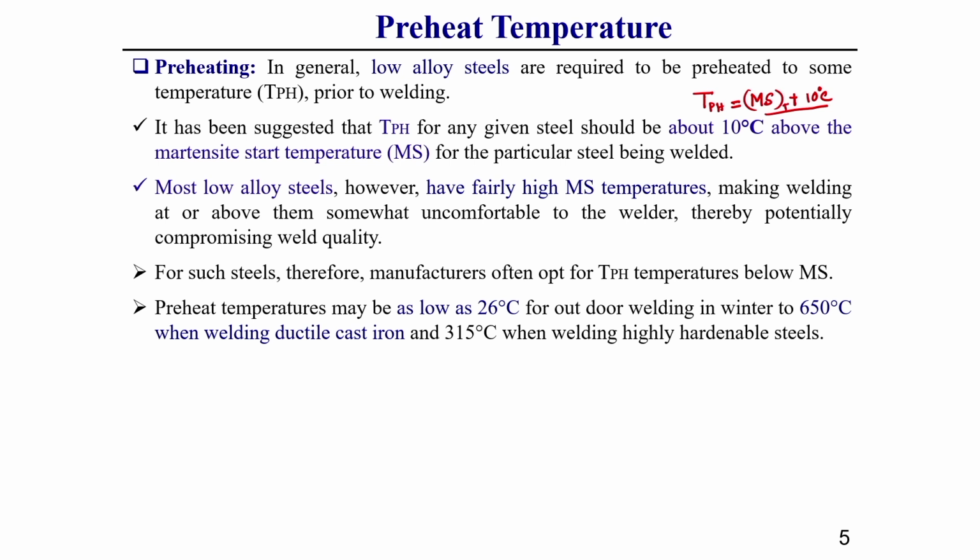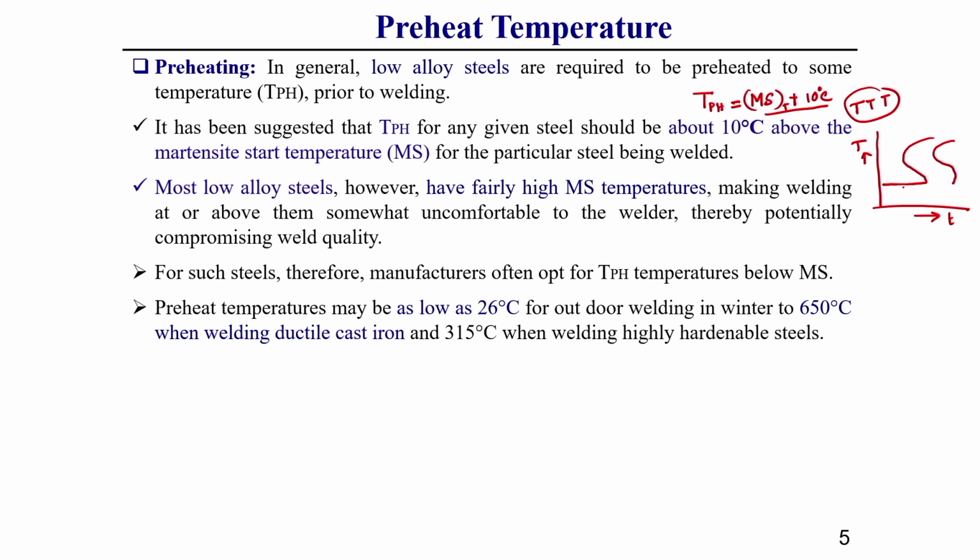In the case of the TTT diagram, I have discussed in detail this martensitic starting temperature. If you draw the TTT diagram, this is time versus temperature. You observe that the left side curve comes like this and the right side curve comes like this.